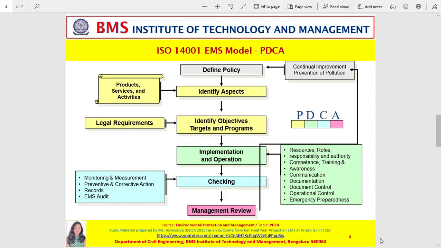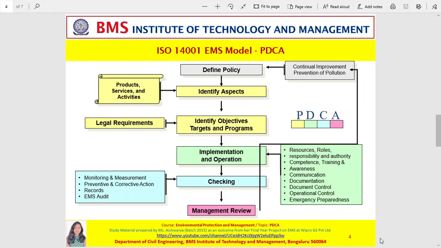These provide responsibility at various levels of the organization to the people in order to achieve these targets. It also defines the time frame and the method in which these objectives or targets are to be achieved.